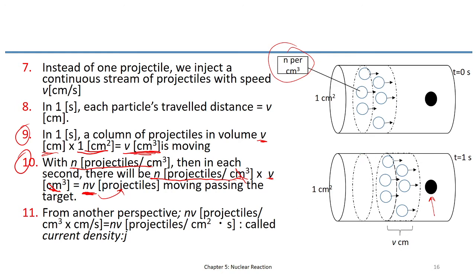To explain this in a different way, nv is projectiles per square centimeter times centimeter per second, which is equal to nv projectiles per square centimeter per second. This is called current density.